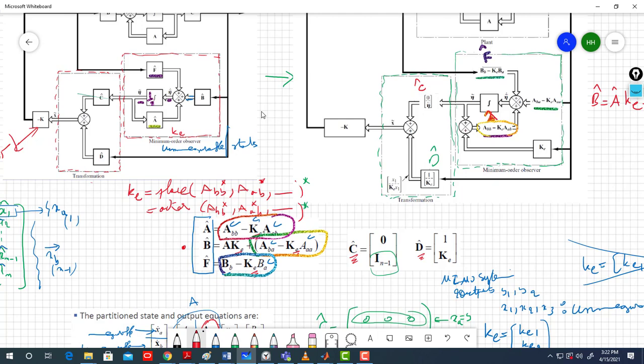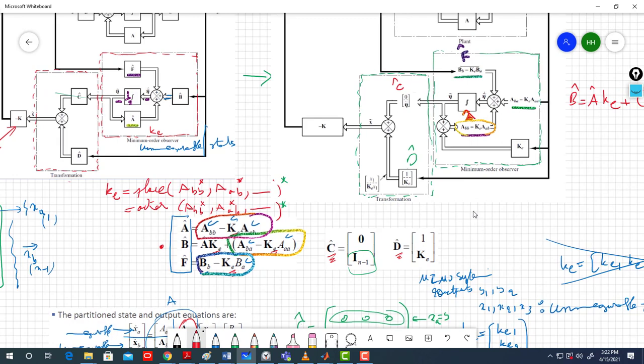But here they don't clearly mention in the block diagram that this is called C hat, D hat, or this is called A hat, B hat. If you look at, for example, here, ABB minus KE AAB, this is actually A hat. Look at your A hat. It is the same. You can see it clearly, right?